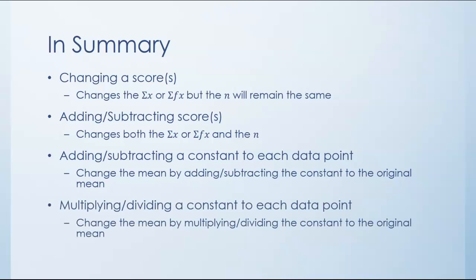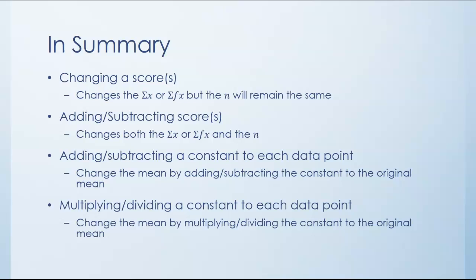Lastly, the same thing occurs when you multiply or divide by a number for every data point, for every score. So that was that when we multiplied everybody's score by 10. So instead of getting a 10, you got 100, or you got from going from a 9 to a 90. When we multiply everybody's score by the same number or divide everybody's score by the same number, then we can multiply or divide our original mean by whatever that number is.